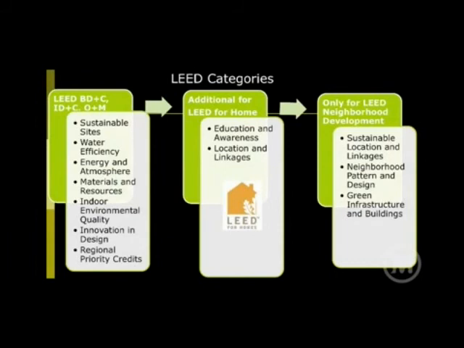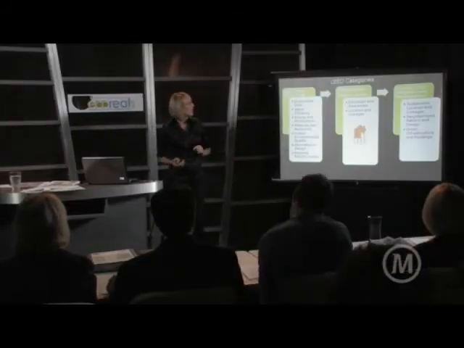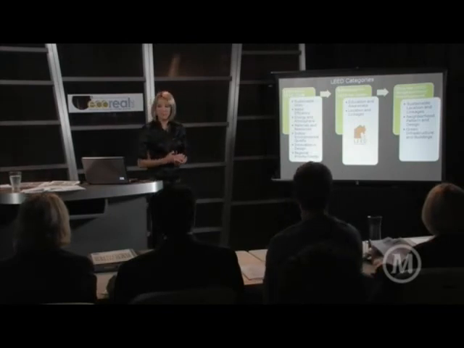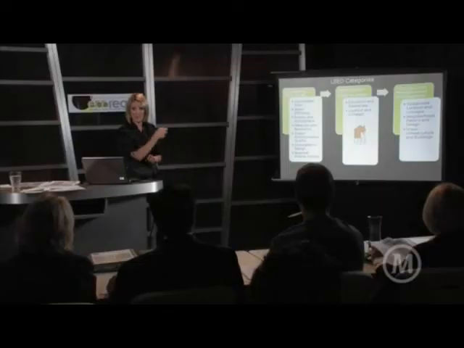So for LEED for homes, those are 2 additional categories in addition to these 5. For LEED for neighborhood development, it's just 3 main categories: smart location and linkages, neighborhood pattern and design, and green infrastructure and buildings. So remember those key differences, but there are similarities. The principles really align across them all.